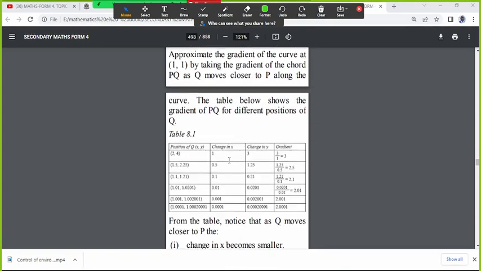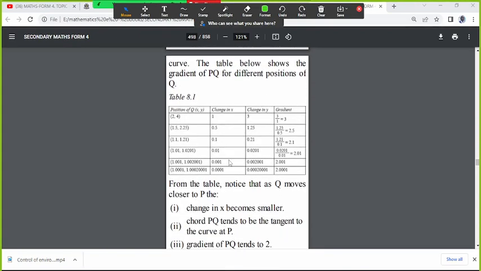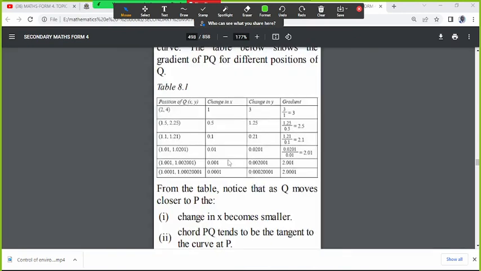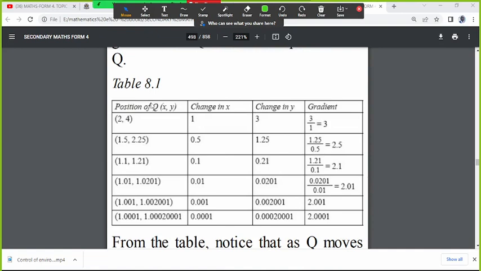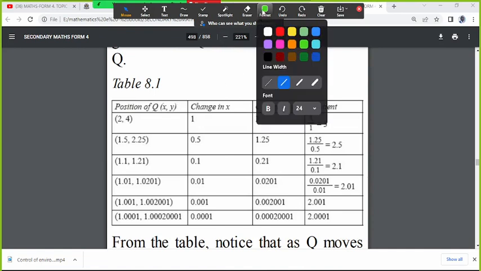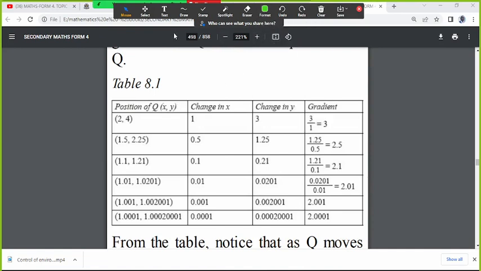Now we wanted to determine the gradient. Let me enlarge this circle. In this table, we are seeing the position of Q, because Q keeps on moving.